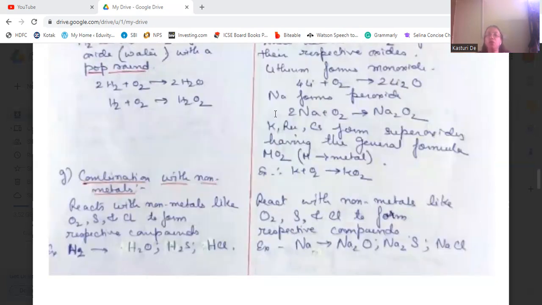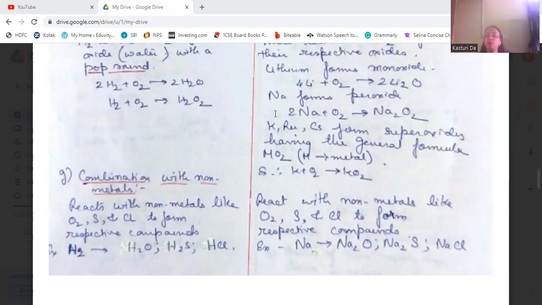Then combination with the non-metals. Hydrogen reacts with non-metals like oxygen, sulfur, and chlorine to form their respective compounds: with oxygen it forms H2O, with sulfur H2S, and with chlorine HCl, hydrogen chloride.